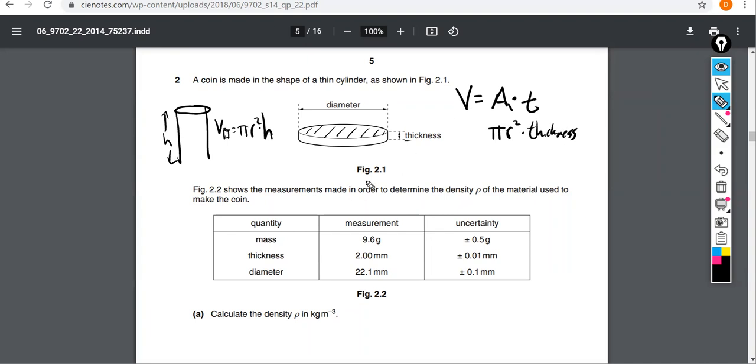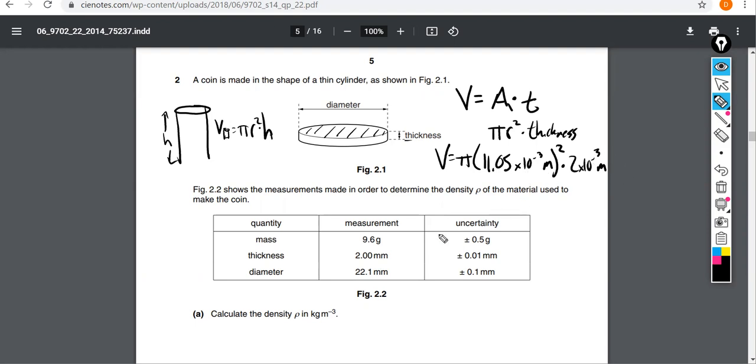We're going to calculate the volume here because we know that the diameter is 22.1. The volume of this coin is going to be the 2D area, pi r squared. Now if the diameter is 22.1, then the radius is going to be 11.05 millimeters, times the thickness, 2 millimeters.